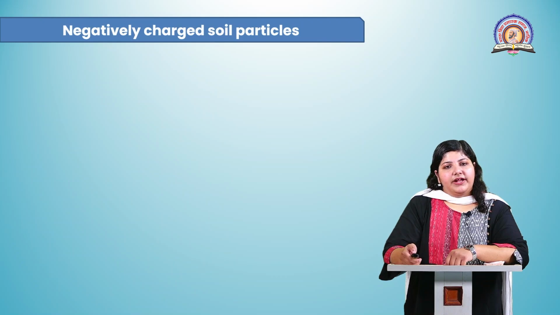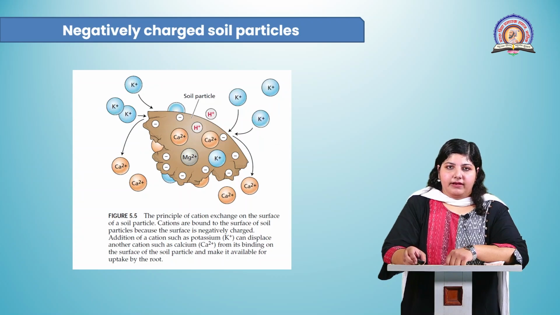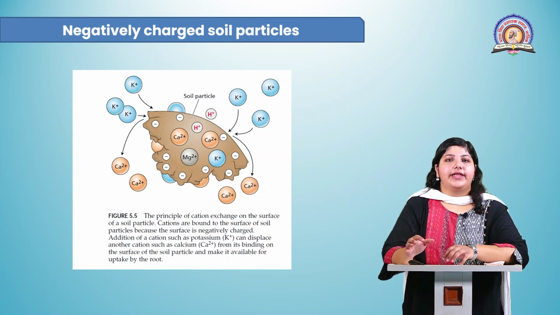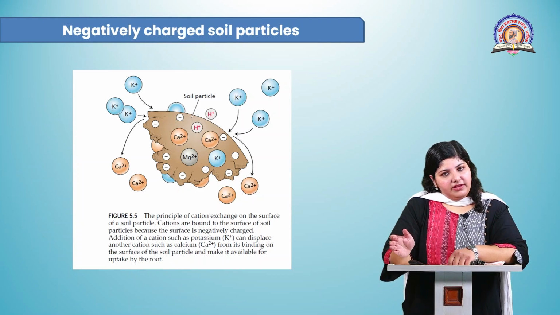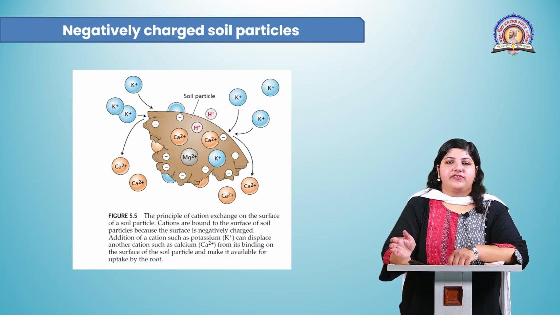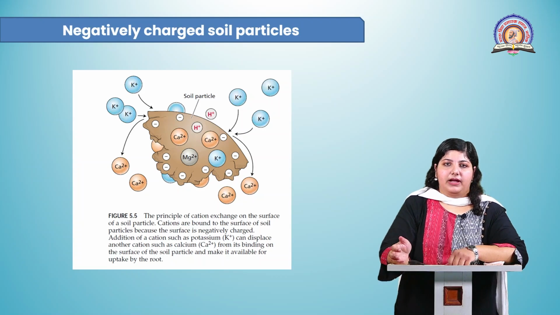And because of that negative charge on the soil particles, different cations can be adsorbed on their surfaces. That is, due to the overall negative charge, positively charged ions or elements can be bound on the soil surfaces, and thus it forms a great reservoir of elements for the plants.